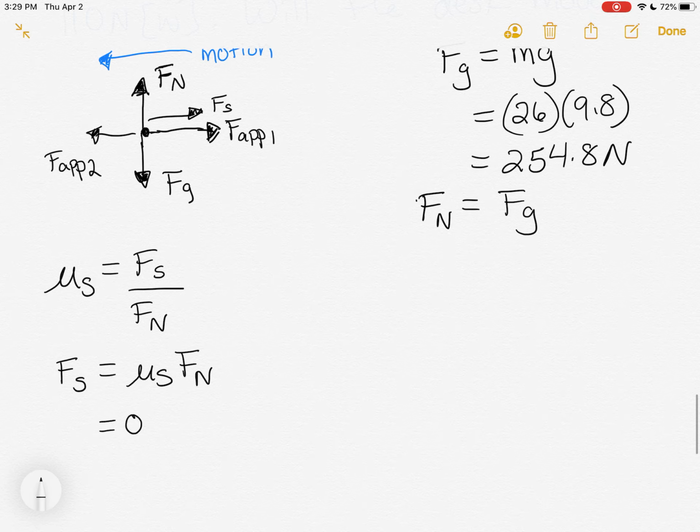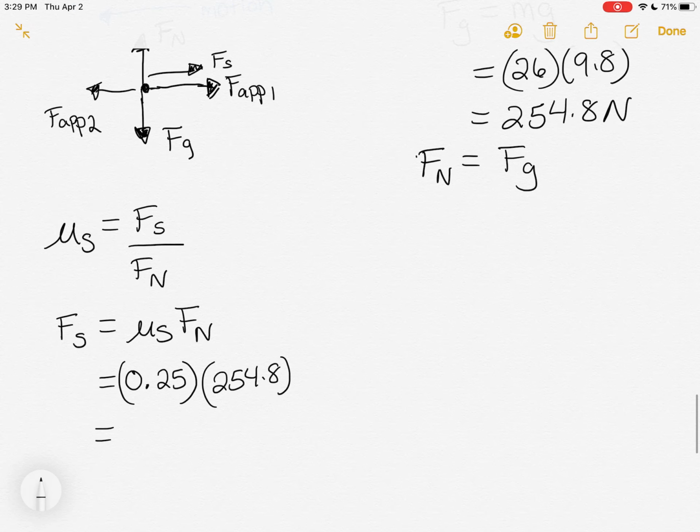So my mu s was 0.25, and my Fn was calculated to be 254.8. So my Fs is 63.7 newtons. Now, I didn't round for significant figures here because this is not the final answer, so I want to keep a few extra significant figures.